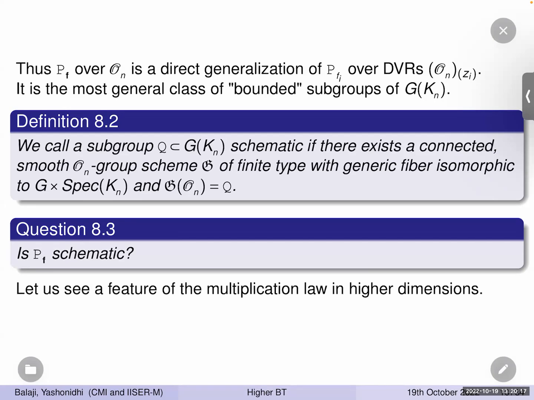Let us see a feature of the multiplication law in higher dimensions. So now let's see multiplication law in higher dimensional parahorics. We take the case G is SL3, and the discrete valuation ring is the power series ring in one variable over the field little k.